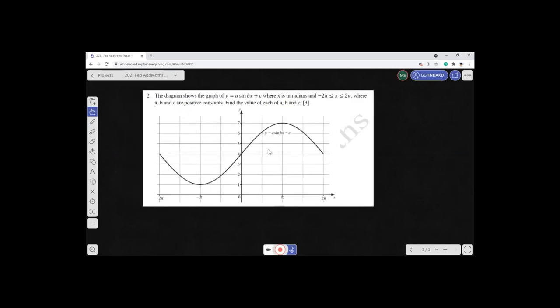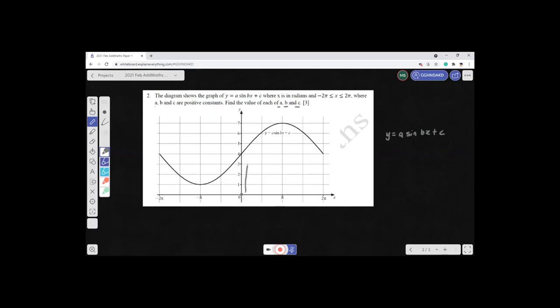The diagram shows the graph of y equal to a sine bx plus c. First of all, if I want to find the values of a, b, c, automatically I can find the c very easily, because usually sine will sketch from 0.